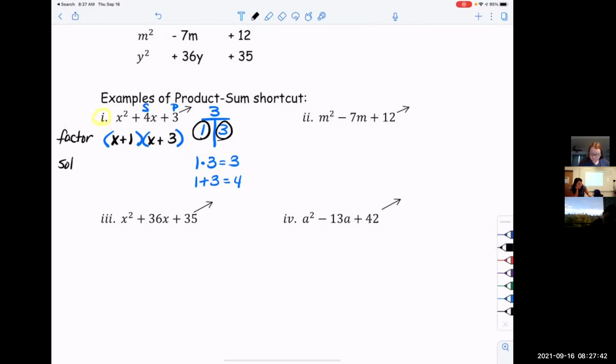If they ask you to solve, this is what you're doing. So factored, solved. And they will ask you sometimes just to factor and sometimes to solve.